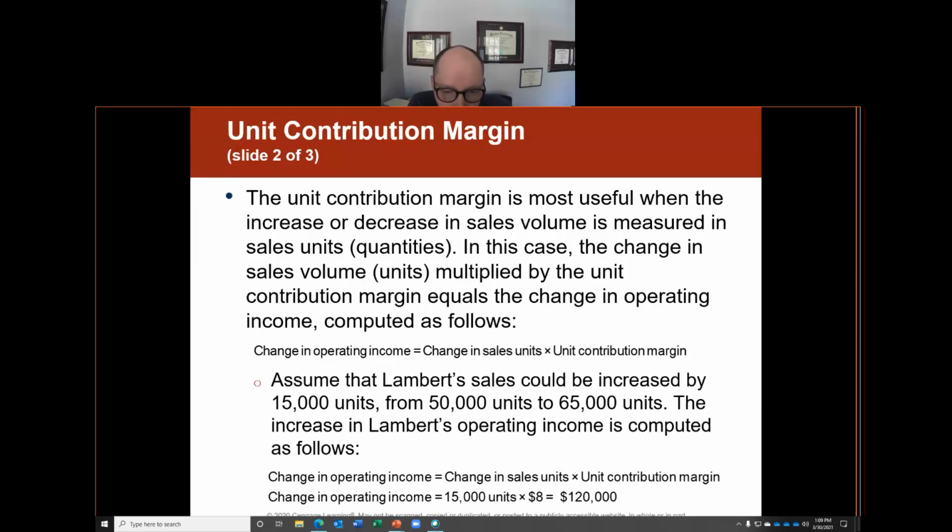Let's say that we had an increase in the total of units that we sold from 50,000 units to 65,000 units. That means we sold an additional 15,000 units. We take that 15,000 units times the contribution margin of $8 per unit, gives us a total change in operating income of 120,000.